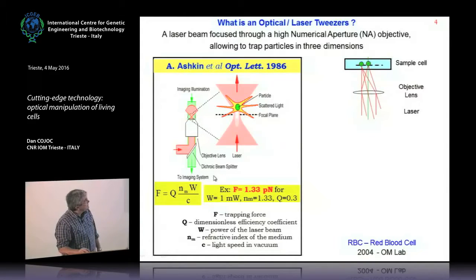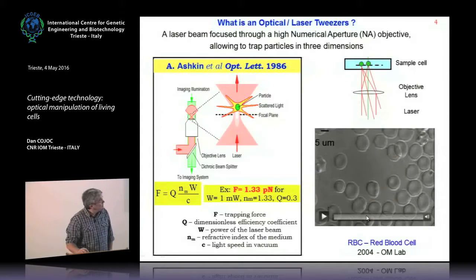Here you have some numbers. So the force exerted on the particle depends on a dimensionless efficiency coefficient, which is a function of the geometry of the material of the particle, of the power of the laser, and also of the refractive index of the medium, and of course, the constant light speed.